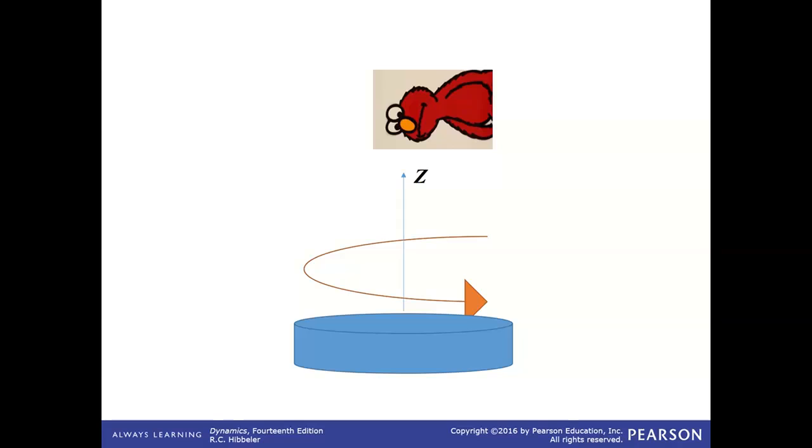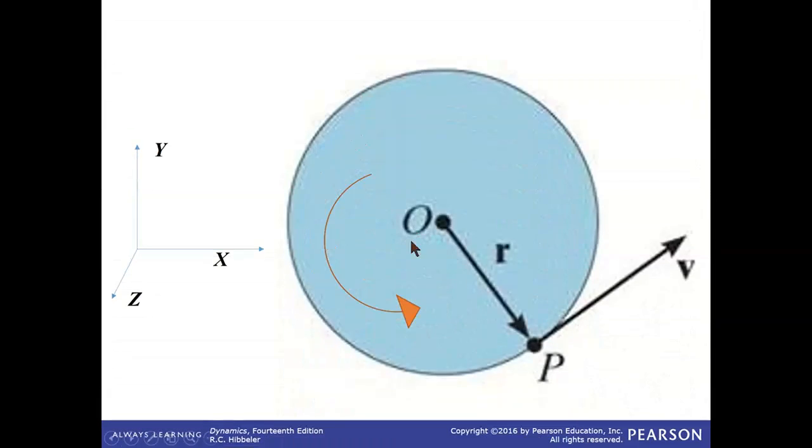In order to find the velocity of the point P, we need to look at the disk from the top view. So let's say we are looking at the disk from the positive z direction. If we look from the top view, then we will see the disk rotating counterclockwise. This is point P. r is the position vector from the center of rotation to point P, and v is the velocity of point P. The magnitude of the velocity v, if we know omega, can be calculated by multiplying the magnitude of the position vector with the angular velocity.